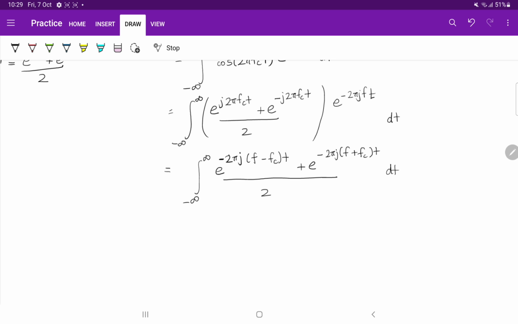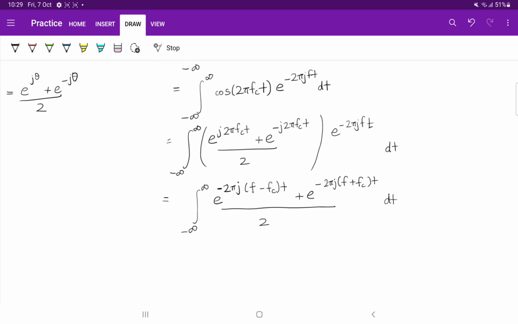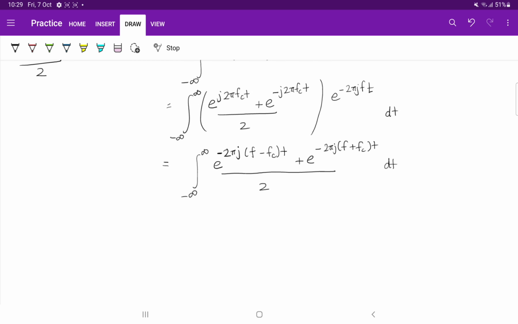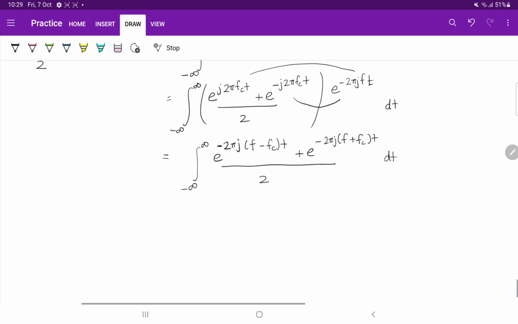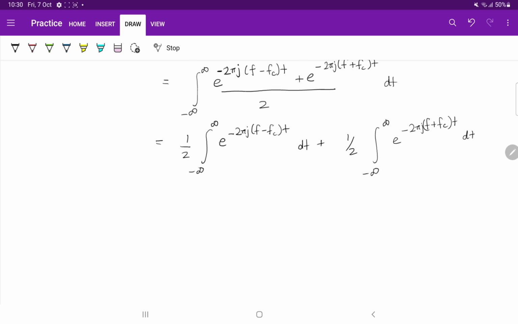Now I have cross multiplied inside these brackets, and what we get is e to the power minus 2 pi j (f minus fc) t plus, if you multiply the other two, you get the second term like this. So now we have two e to the power functions, and since there is a plus, we can directly separate them. If you separate these two parts, you get it like this.